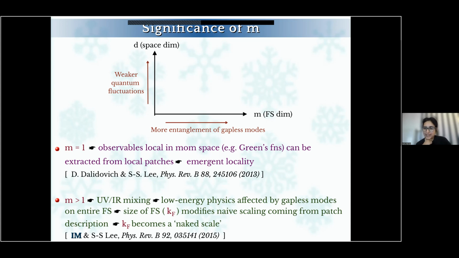So we don't expect kf to appear in various physical quantities. But here, due to the excitations talking to each other over the entire Fermi surface, kf will appear in our physical observables. So that's what I mean by UV-IR mixing. Somehow the kf scale, which refers to the UV scale, is interfering with the low energy physics, where we were sending kf to infinity.